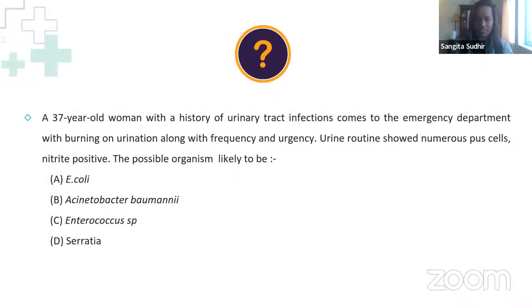Let's discuss some questions. A 37-year-old woman with a history of urinary tract infection comes to the emergency department with burning on urination along with frequency and urgency. Her urine routine showed numerous pus cells and was nitrite positive. What could be the possible organism? Can you give your response, please?